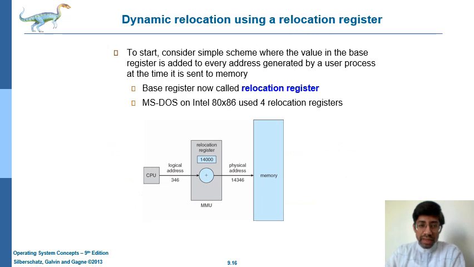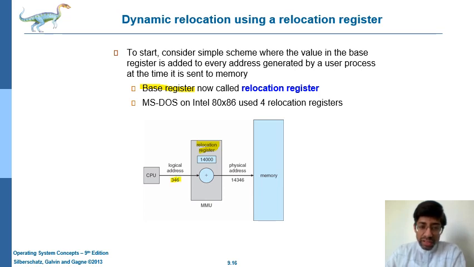One such method that we can use in order to implement the memory management unit would be the base register or relocation register method. In this case, the base address of the memory allocated to this process would be stored into a register called the relocation register. For example, in this case it is 14000 and the CPU-generated logical address is 346.